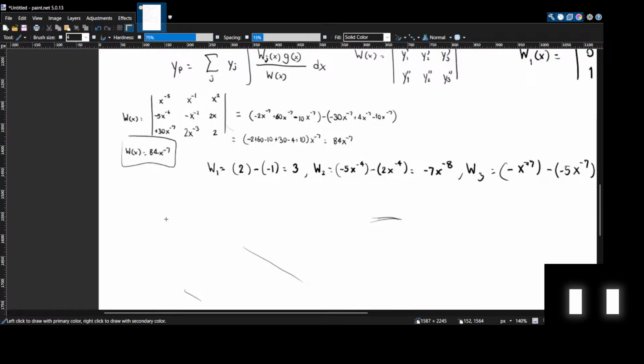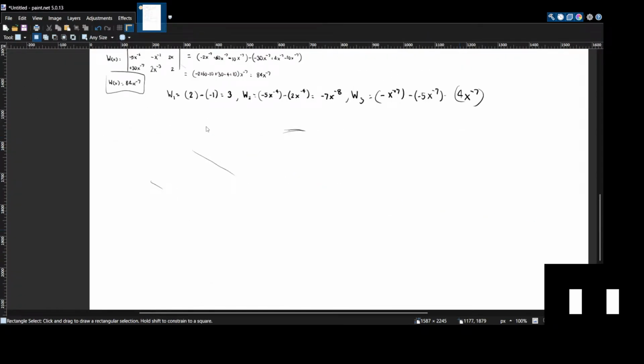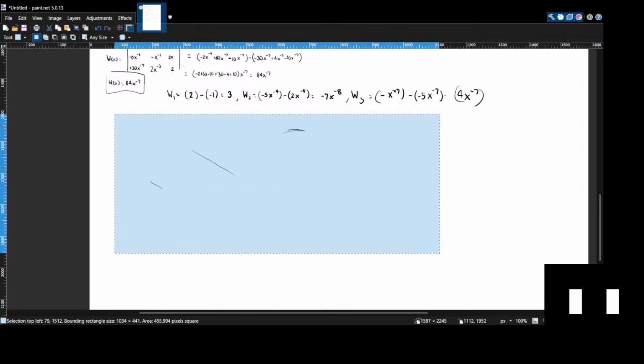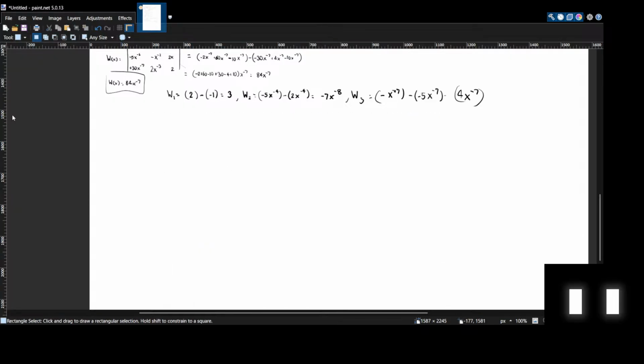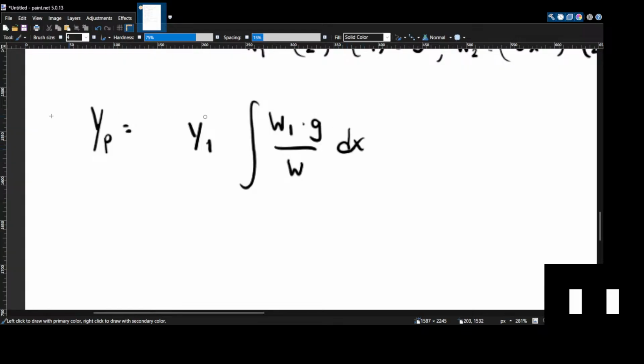Which means we can finally find yp. Give me a sec, I need to delete these random lines. So yp is equal to y1 times the integral of w1 g divided by w dx.